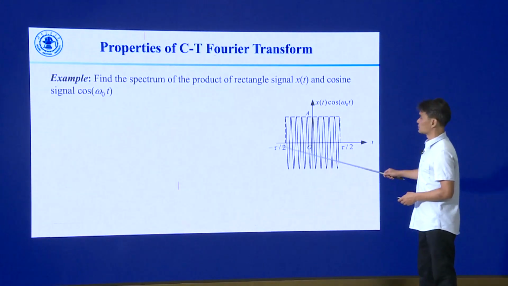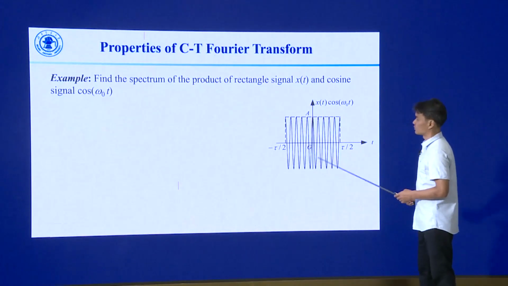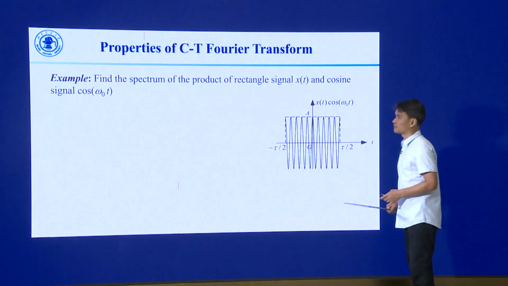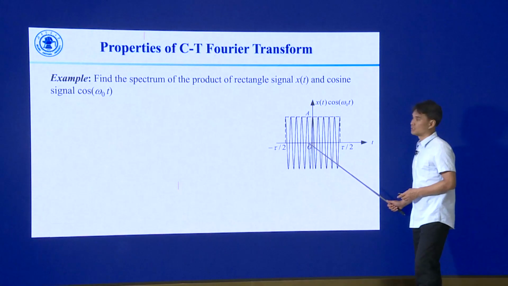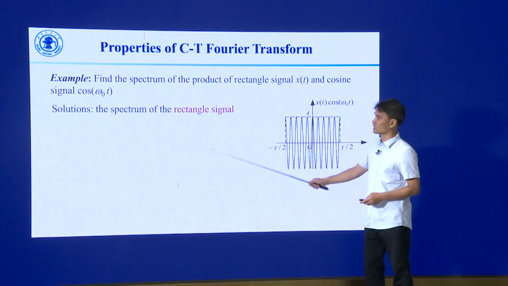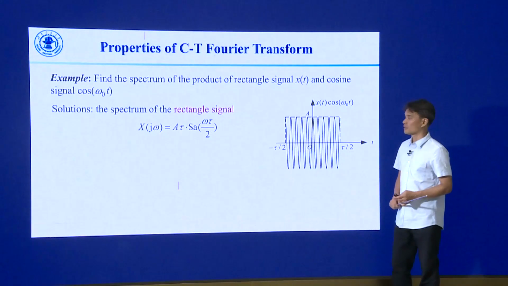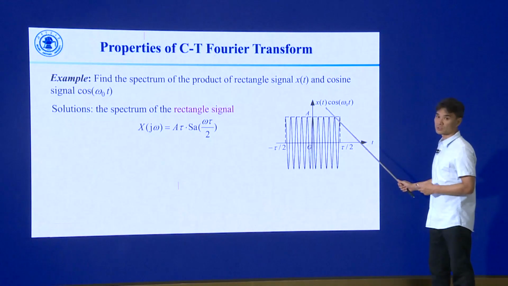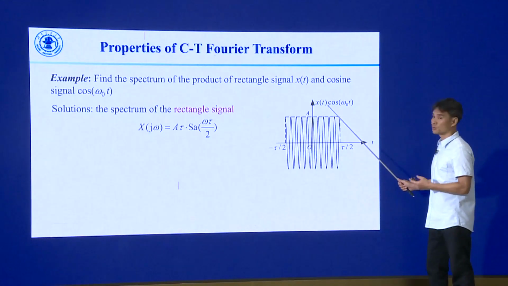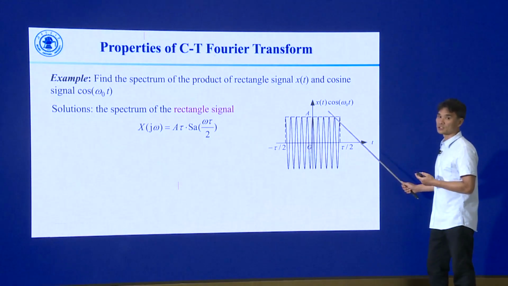So this is the rectangle signal times a cosine function, and we are interested in finding out the spectrum of this product. We know that for a rectangle signal, the spectrum is a sampling function. And this multiplication can be changed, using Euler equation, into two terms of x(t) with phase shift.